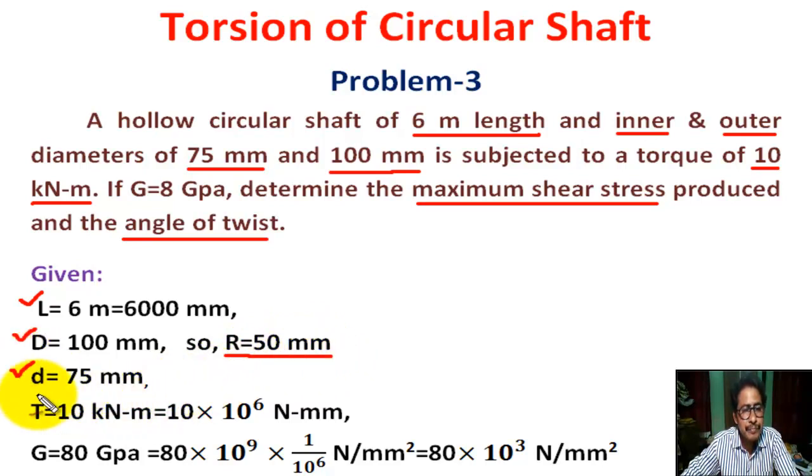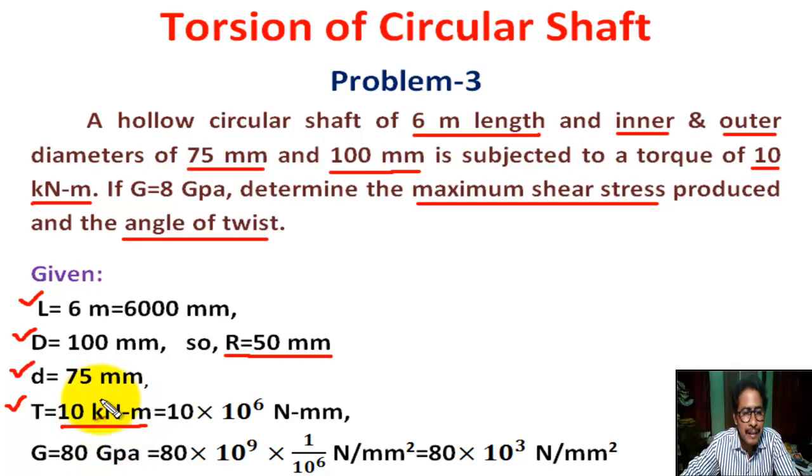Small d, inner diameter of hollow shaft, small d equal to 75 millimeter. T is the torque transmitted by hollow shaft. Here given T equal to 10 kilonewton meter.